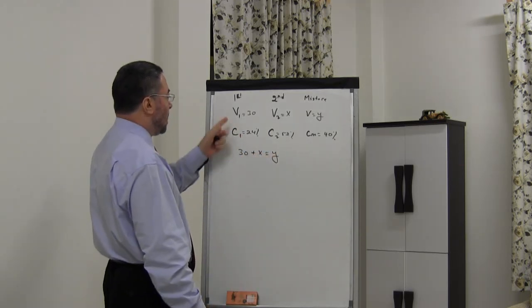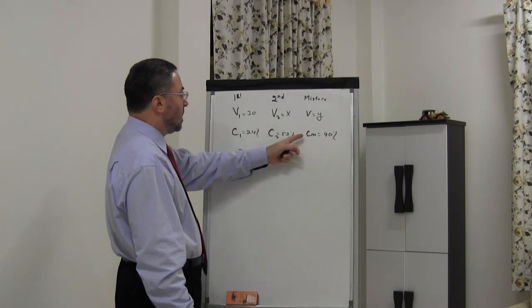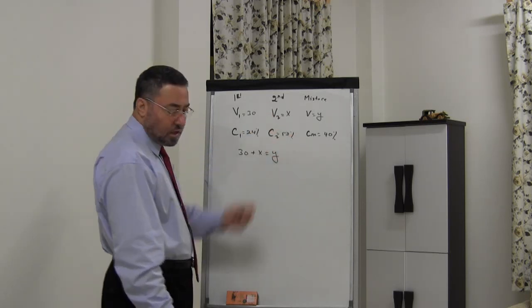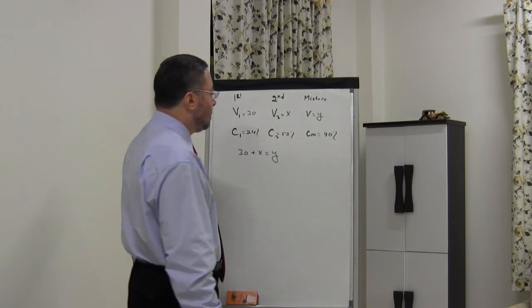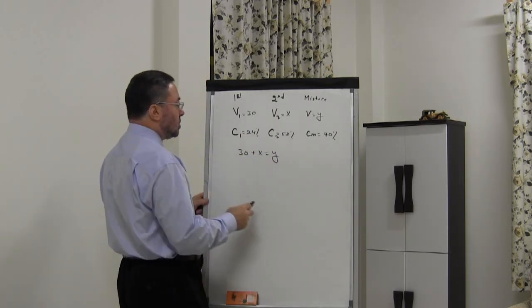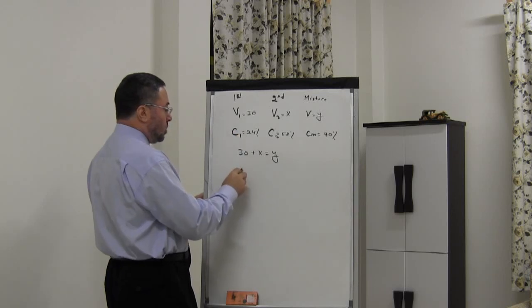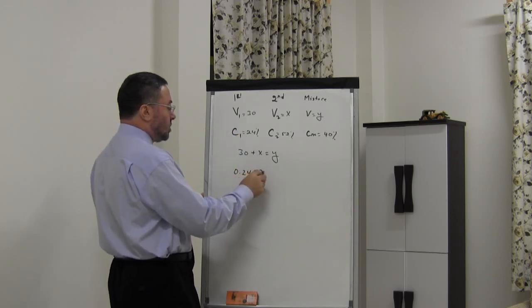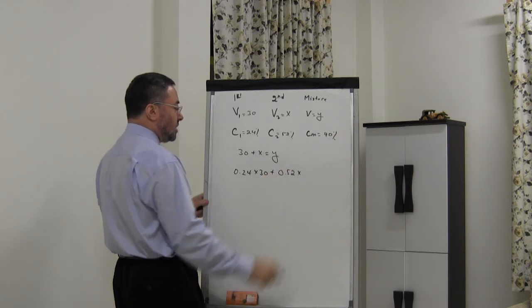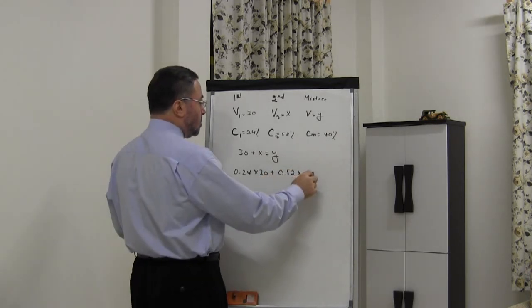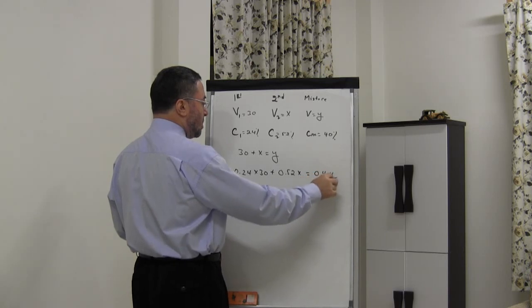And now we multiply: the amount of iodine in these two solutions is going to be the same as the amount of iodine in the mixture. So 0.24 times 30 plus 0.52 times x equals 0.4y.